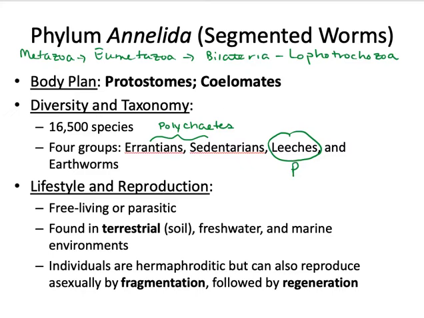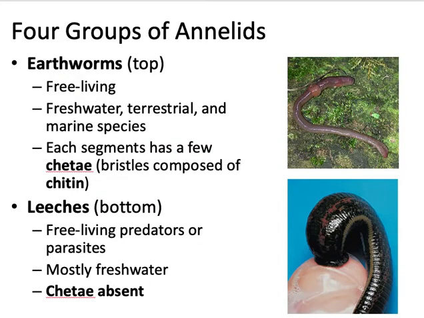So more on the lifestyle, ecology, and reproduction, and also body structure and function of these 4 groups. So our earthworms are free-living. They're found in all different types of environments, aquatic and terrestrial, and they're called oligochaetes. What that means: oligo means few, and chaetes refers to the chaetae.